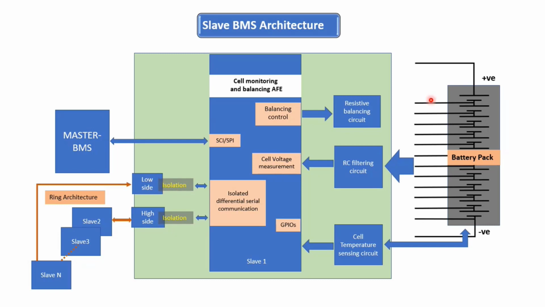This low side and this low side may be in common, and then circulating information may flow that will lead to wrong information feedback. That is the reason why we have to go for isolated current sensors at the master and slave BMS architecture whenever you are measuring from outside information.